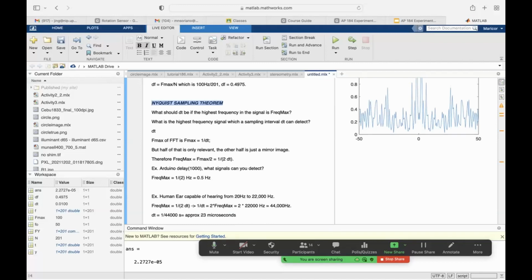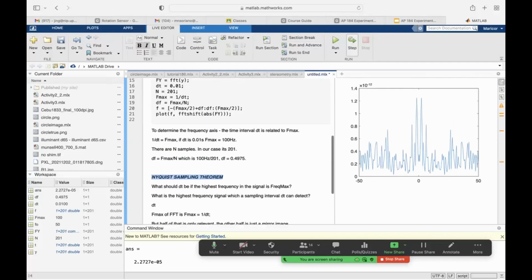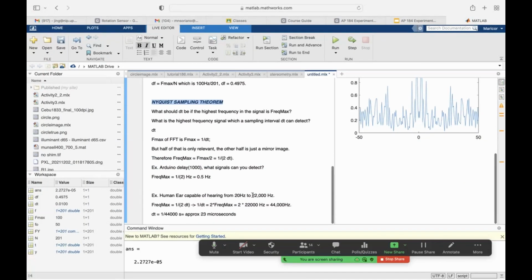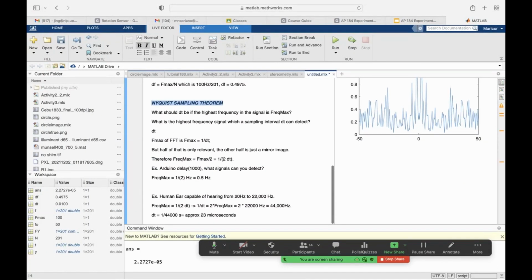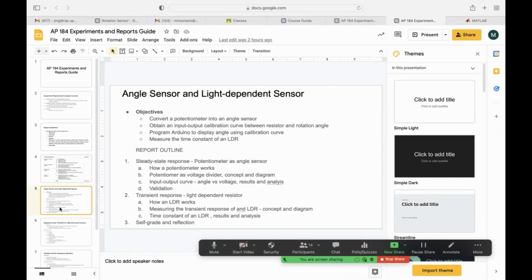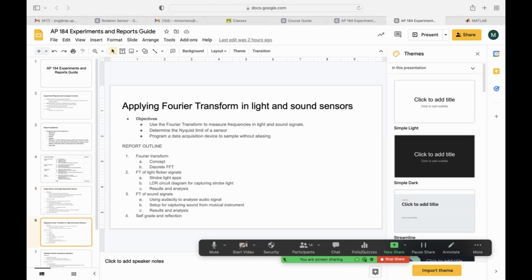At dun sa ating experiment na gagawin, ite-test natin yung detection limit ng ating LDR. Balik tayo sa experiments guys. May tanong ba tungkol dito sa important na theorem na to? Wala? O sige, balikan natin yung experiment guide kasi dito siya magiging relevant guys.